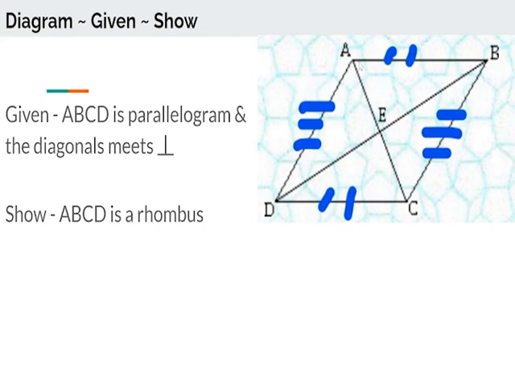I have AB is parallel to DC and AD is parallel to BC. And what we want to show is that ABCD is a rhombus. So we're going to try and create a proof to show that ABCD is a rhombus, all right?